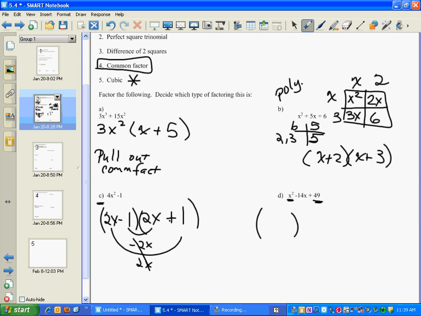And so when we divide these up, we don't use conjugates the way we did in C. We say x and x, 7 and 7, but we want that middle term. And it has to be negative. So what do the signs have to be? Both negative, right. We can't make them both positive because our middle term wouldn't be negative then. Does that make sense?